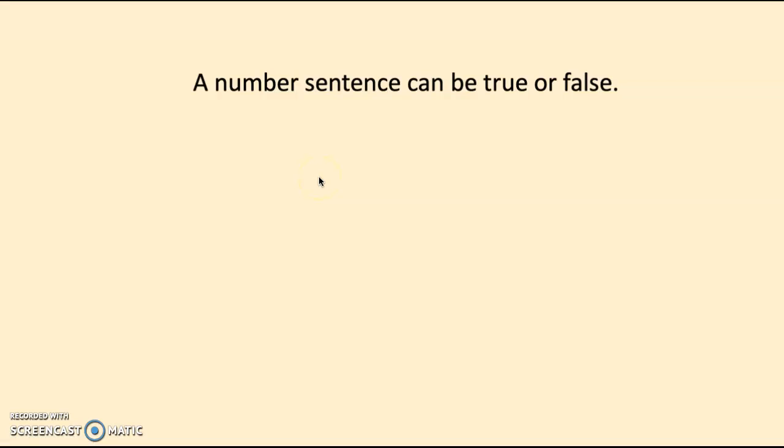Now, a number sentence can be true or false. I'm going to give you two examples of number sentences, and I want you to determine whether they are true or false. The first one is 70 plus 45 equals 115.